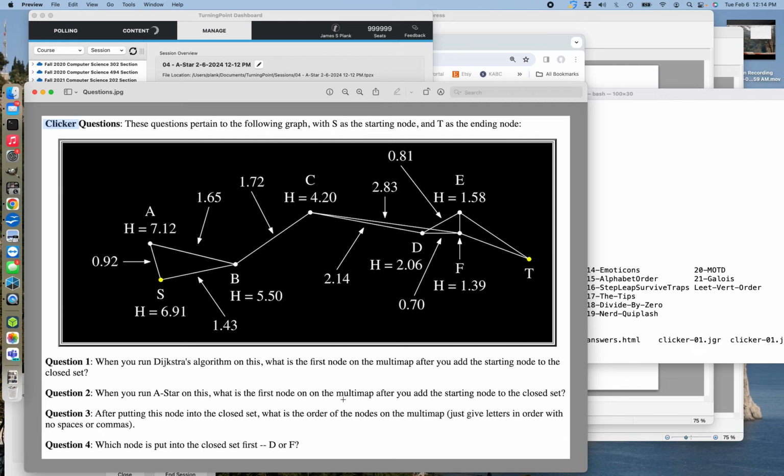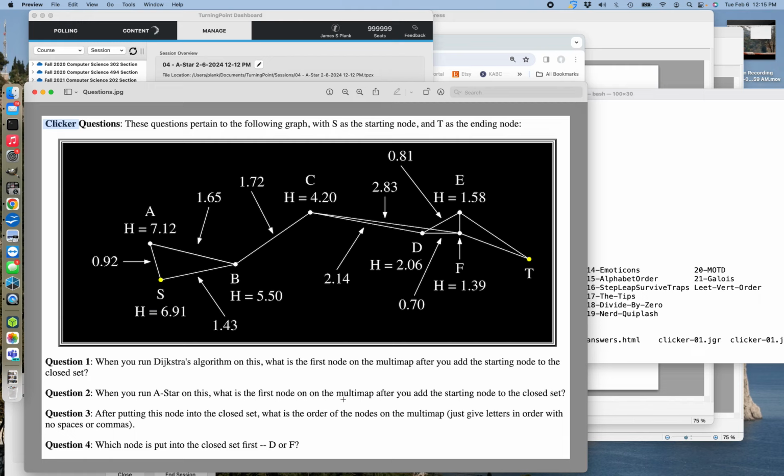The whole key to answering this question is they're all coming from C, right? We can ignore everything before it in the graph. We only care about what's coming from C because it has to go through C. So let's just look at the path length from C plus the heuristic. So 2.83 plus 1.39 is going to be what?